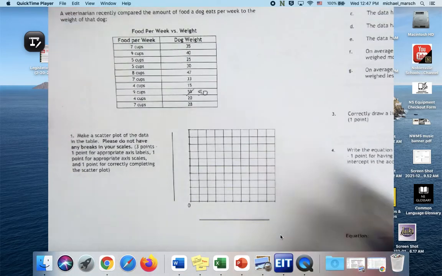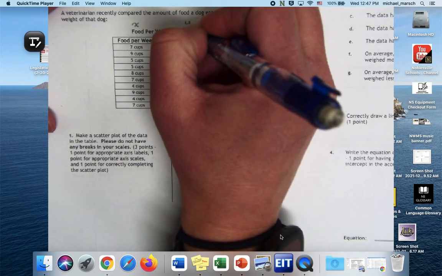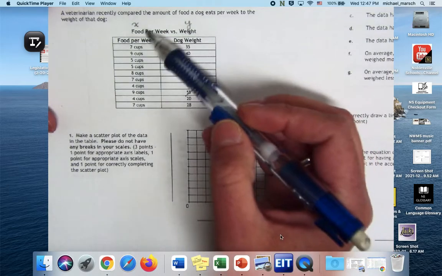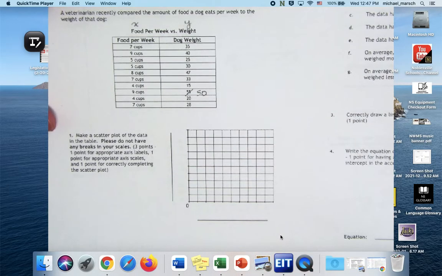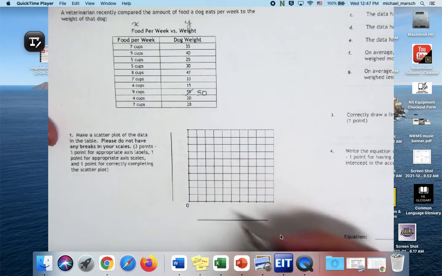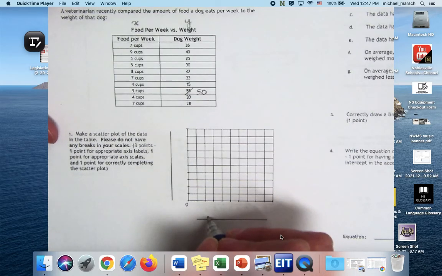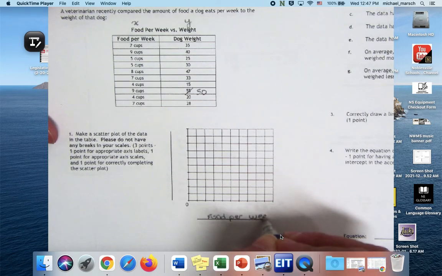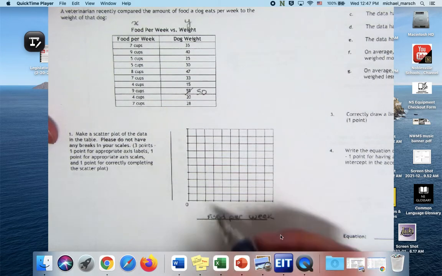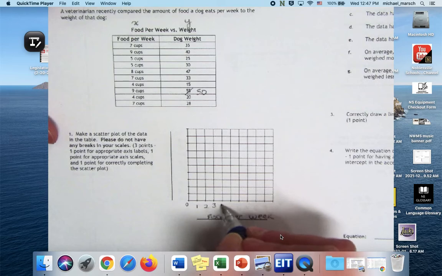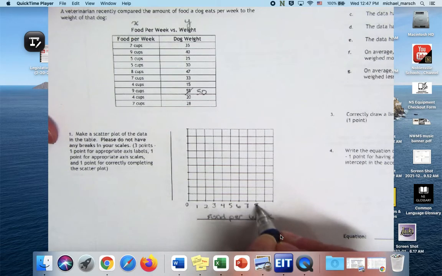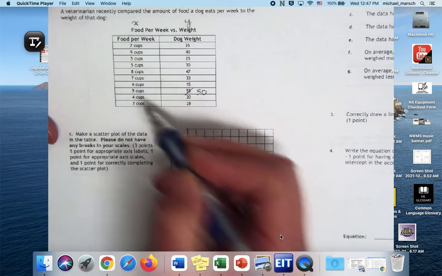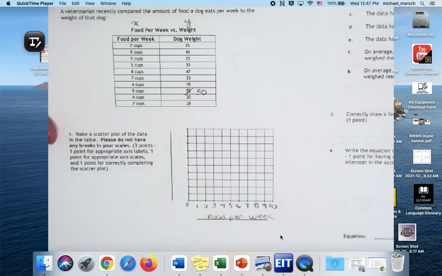Okay, so again, we have our x values and our y values. X on the left, y on the right. So my x title is going to be food per week. And I can go by single increments because it only goes up to 9 cups. I don't need more than that.